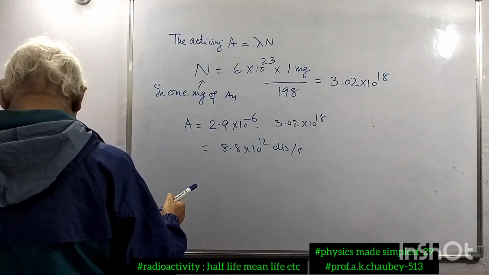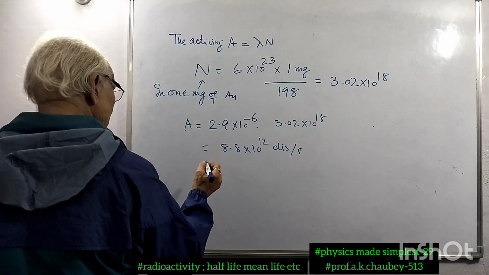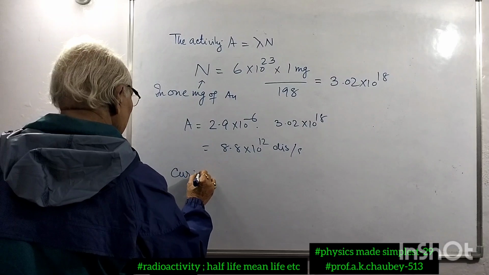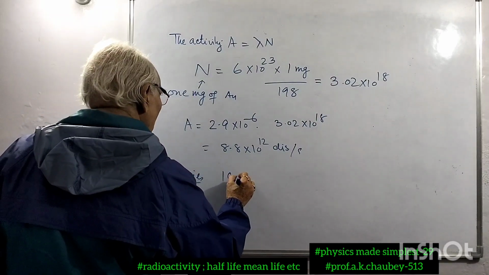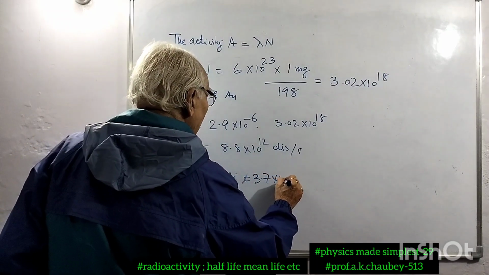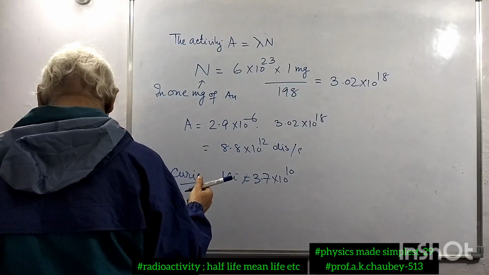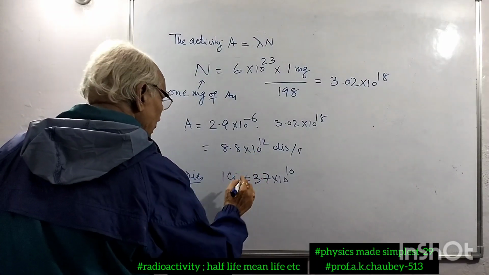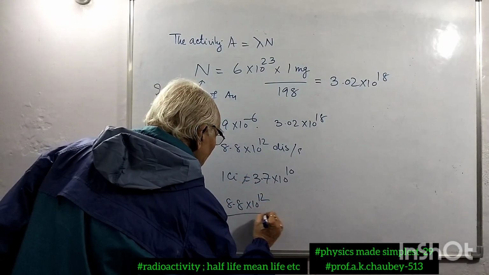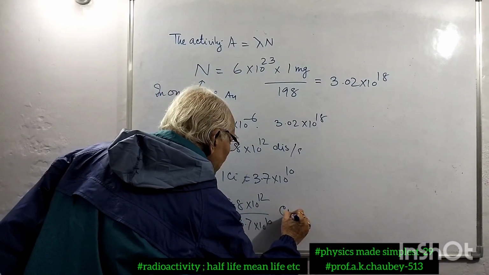And then you can get this in terms of other units also, say in terms of Curie. You know 1 Curie is equal to 3.7 into 10 to the power 10 disintegrations per second. So you can convert this into Curie. You divide 8.8 into 10 to the power 12 by 3.7 into 10 to the power 10, and you will get the activity as 240 Curie.